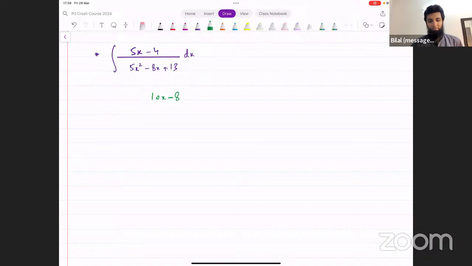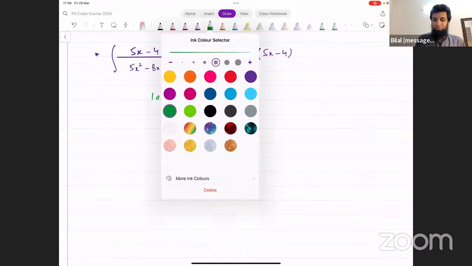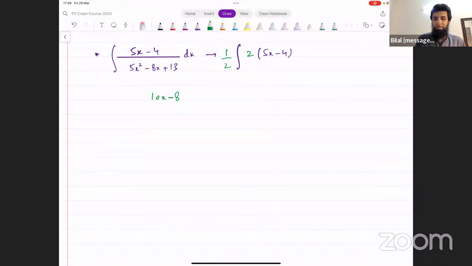Multiply and divide by 2. Multiply by 2, right? So in the numerator, if you were to multiply by 2, what is this going to become? 5x minus 4 multiplied by 2 inside the integral, divided by 2 outside. So you have 5x squared minus 8x plus 13 in the denominator like this. Okay.